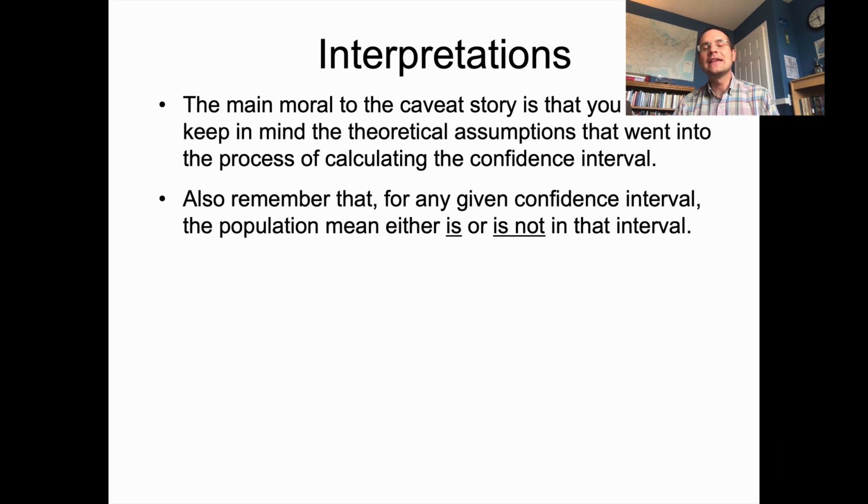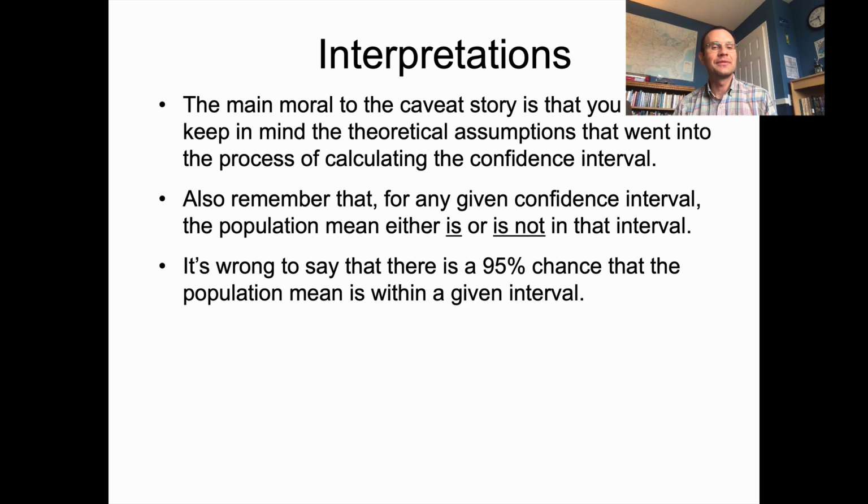And remember that for any given confidence interval, the population mean either is or is not in that interval, which is to say it's wrong to say that there is a 95% chance that the population mean is within a given interval. In any particular calculation, it's either there or it's not. You can't really know whether it's there or not.